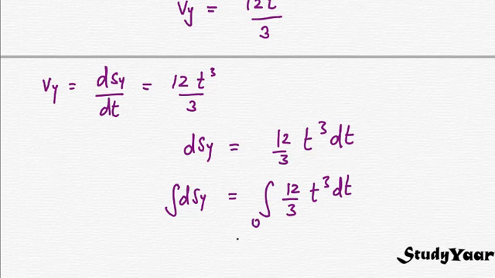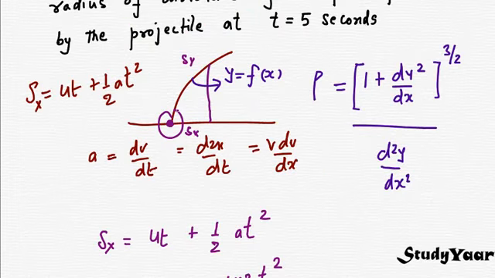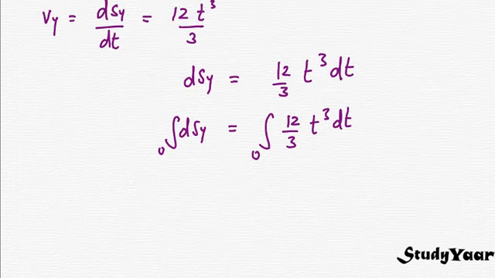At t is equal to 0, my displacement is 0. I am considering this as my reference point. So at t is equal to 0, it is at this point, so my displacement is 0. And at t is equal to t, let us say my displacement is sy.